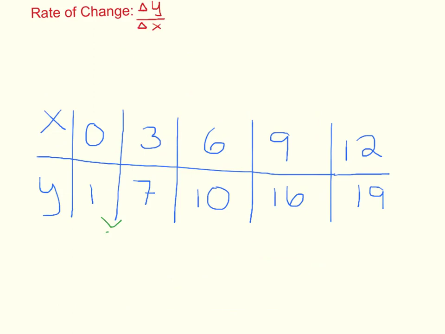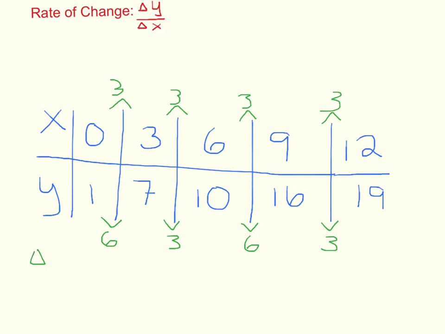It goes up by 6, then up by 3, up by 6, and then up by 3. So there's a pattern, but it's not constant, but you can't determine if it's linear just from the y values. You still have to look at the x values. Goes up by 3, up by 3, up by 3, and up by 3, up by 3 each time.